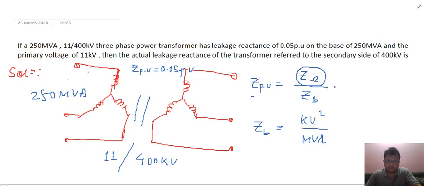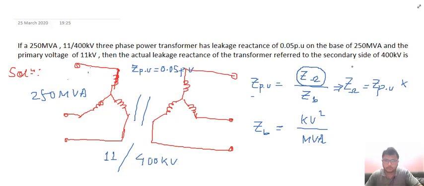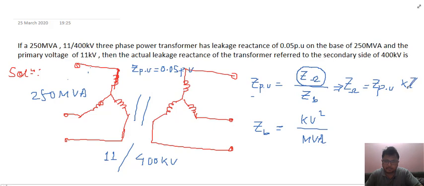So what you can write is that Z actual value equals Z per unit value into Z base. So Z ohm equals Z per unit into Z base.